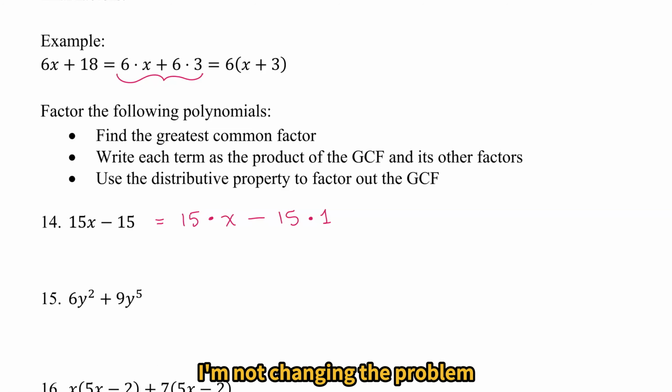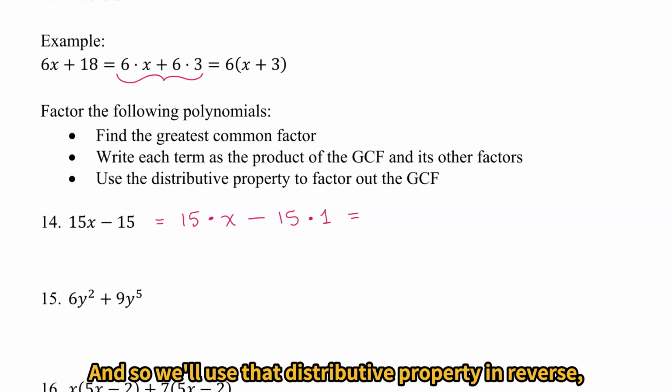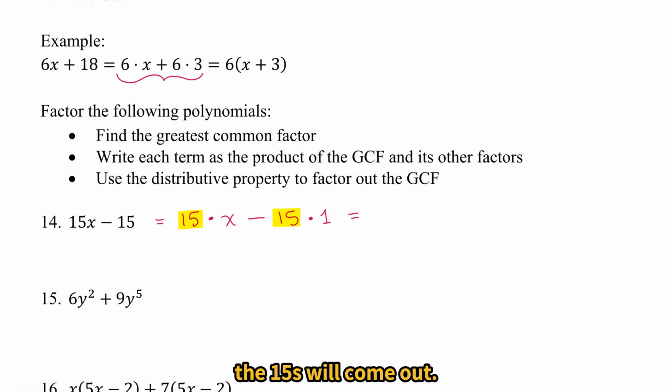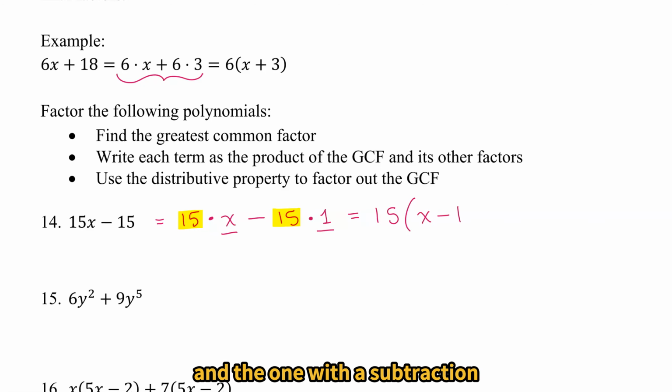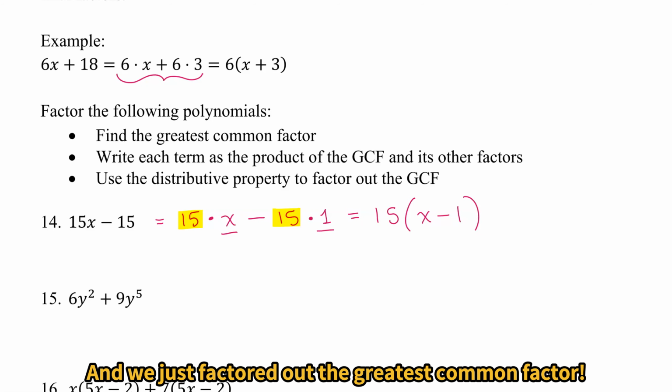I'm not changing the problem by introducing a 1 to multiply. And so we'll use that distributive property in reverse. The 15s will come out, and what goes inside the parentheses are what's left over. So the x and the 1 with the subtraction to keep that same sign between them. And we just factored out the greatest common factor.